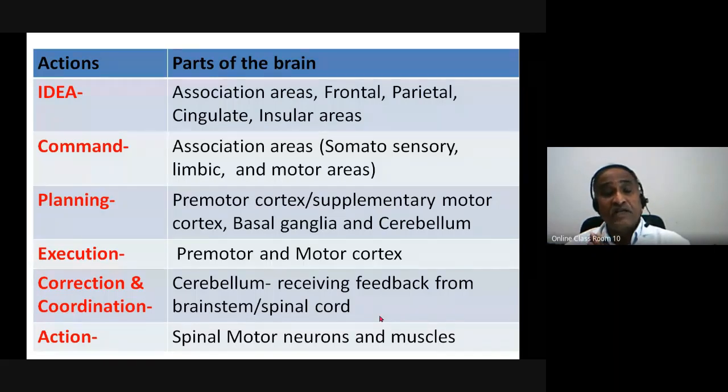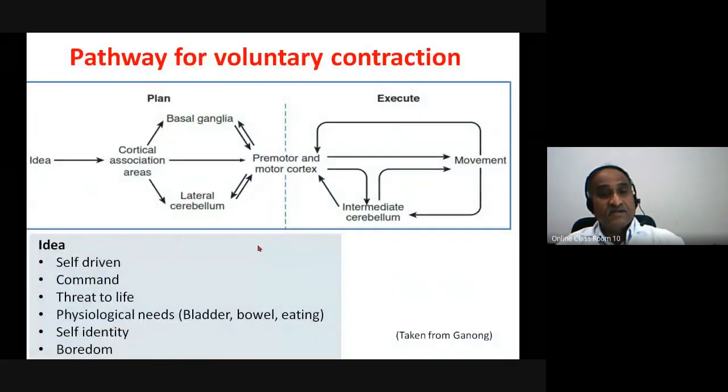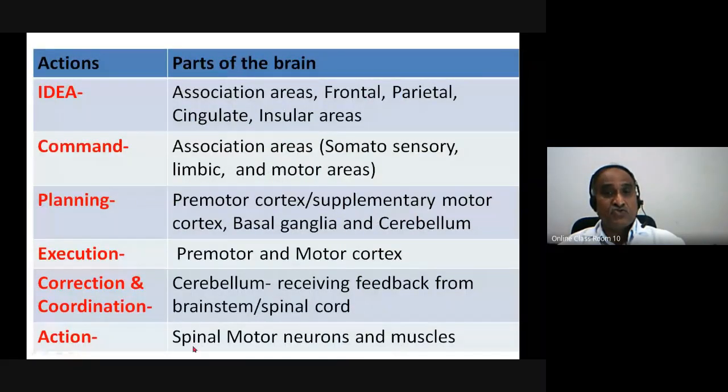Both alpha and gamma motor neurons are involved, and it is finally the muscles, especially the extrafusal fibers, that contract and bring about an action. That is the entire set of parts of the idea, plan, and execution, and the neural elements associated with each of them.